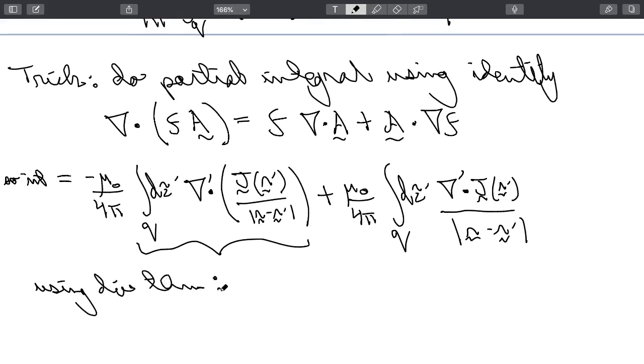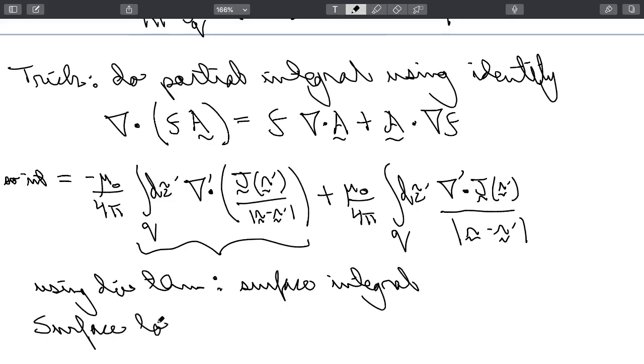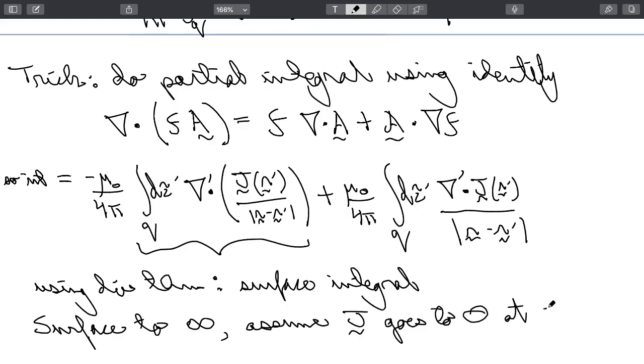It becomes just a surface integral, and we put this surface to infinity, namely we integrate everywhere, and we assume that J goes to 0 at infinity.